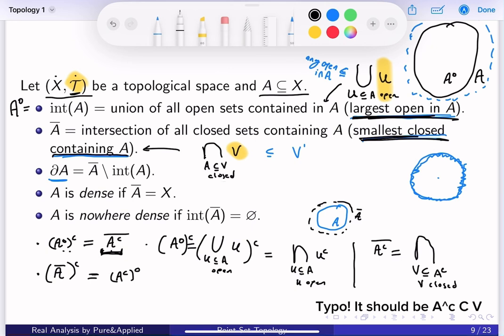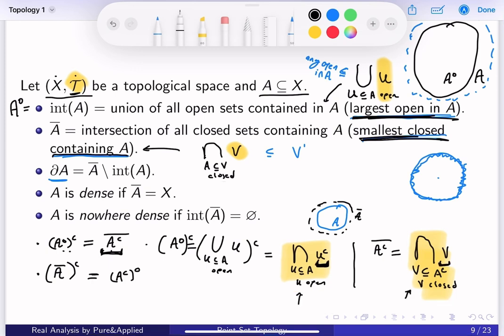And thus, we want to show that this thing and this thing are the same. Well, that's clear. Why is that? I mean, look at it. It's like we're doing a quote-unquote change of variable here.